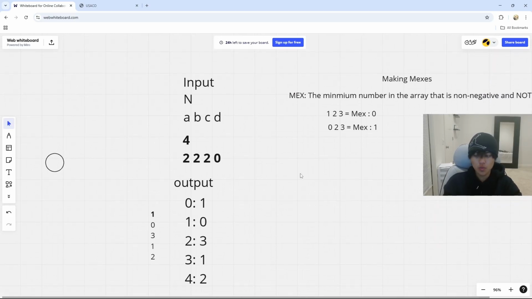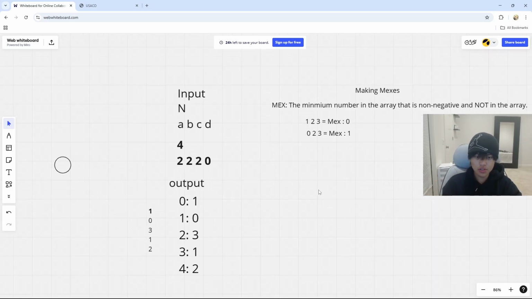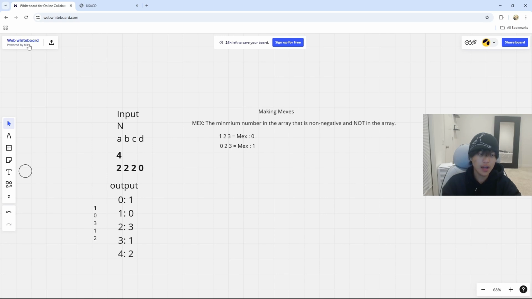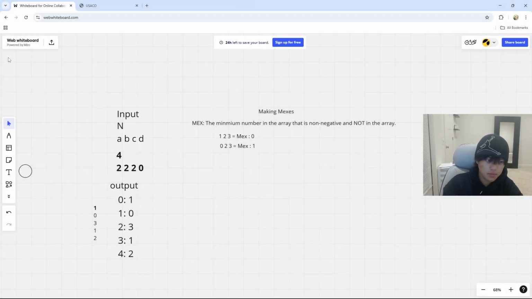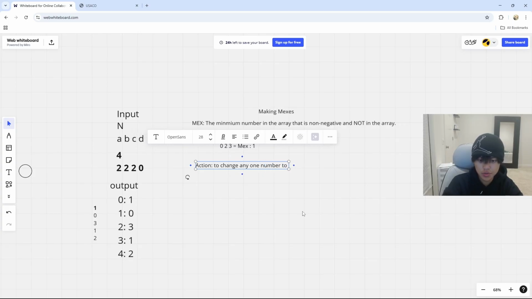But what you need to know is what's considered an action, right? They had a short description, but again, we don't have the actual problem, so I'm just going to be going over it. So what is an action in the problem? The action would be to change any one number to any possible number. Now, what do I mean by possible?